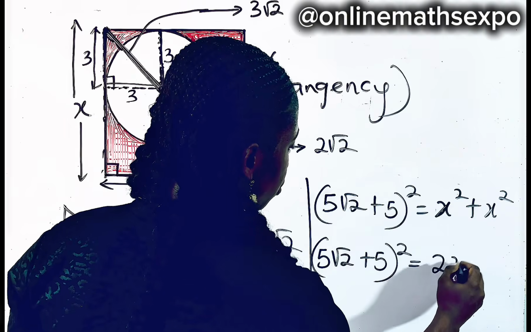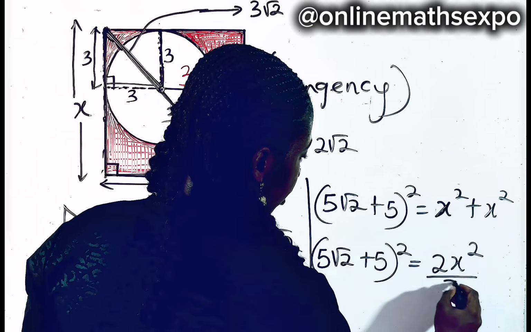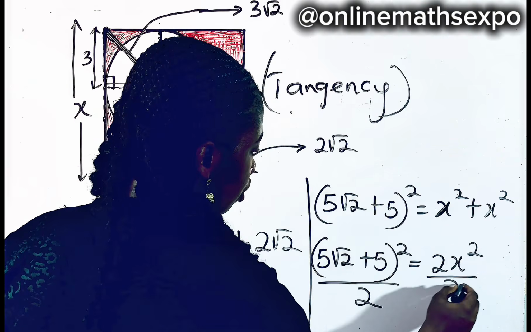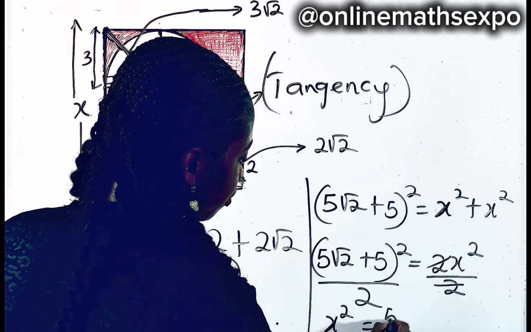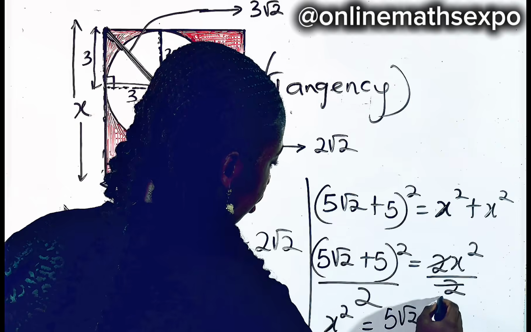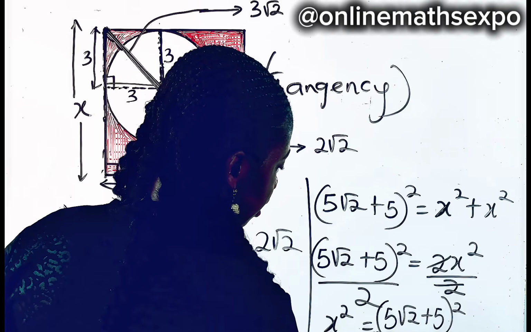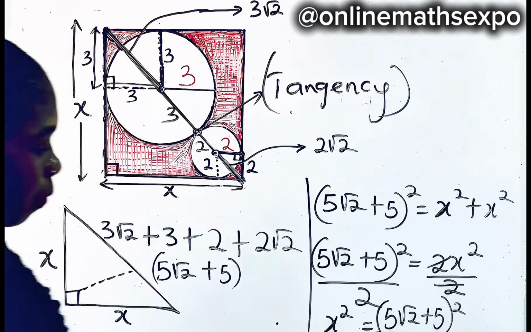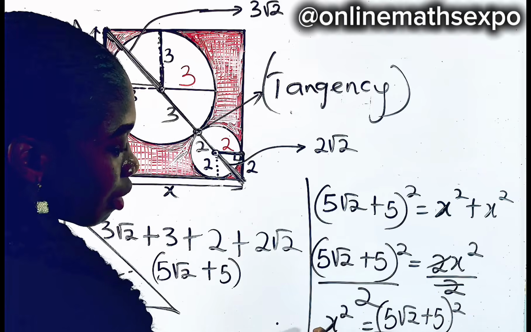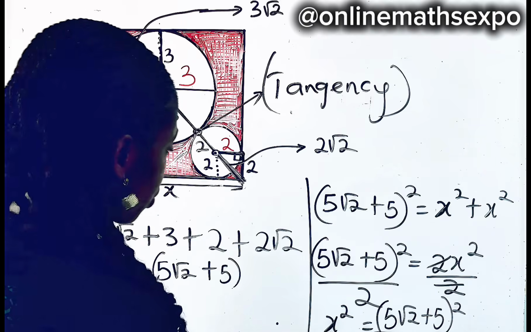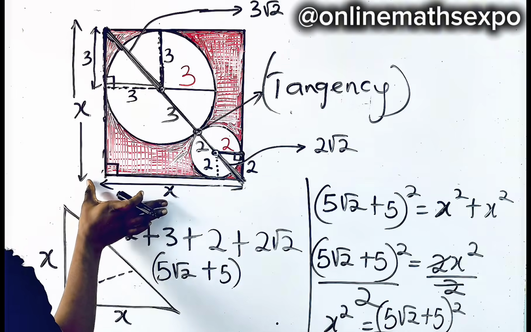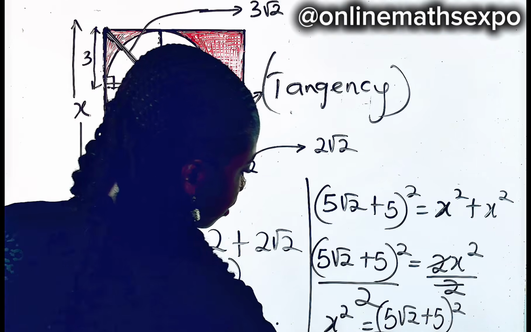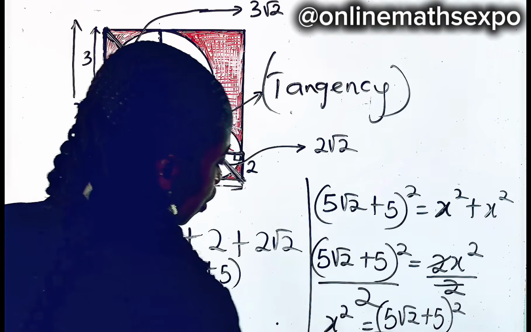Add this, it gives you 2x squared. Divide by 2, divide by 2. This cancels, so we have x squared is given as 5 root 2 plus 5 all squared, divided by 2. And remember we said the area of the square is x times x, which is x squared. So it means that this value we have gotten is the area of the square.